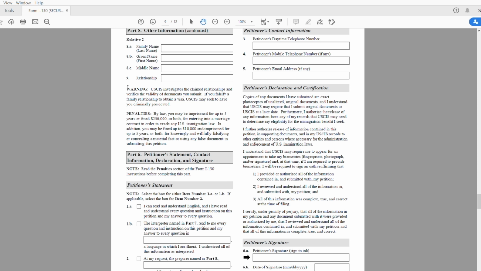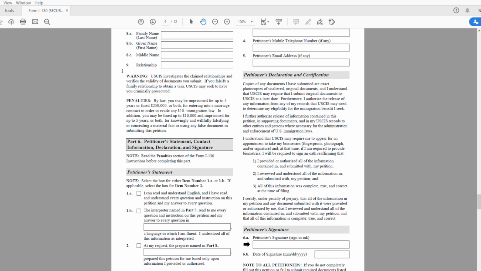In addition, you may be fined up to $10,000 and imprisoned for up to 5 years or both for knowingly and willfully falsifying or concealing a material fact or using any false document in submitting this petition. So just so you know, immigration fraud is a crime, and the warning and penalties are laid out here in the form itself.